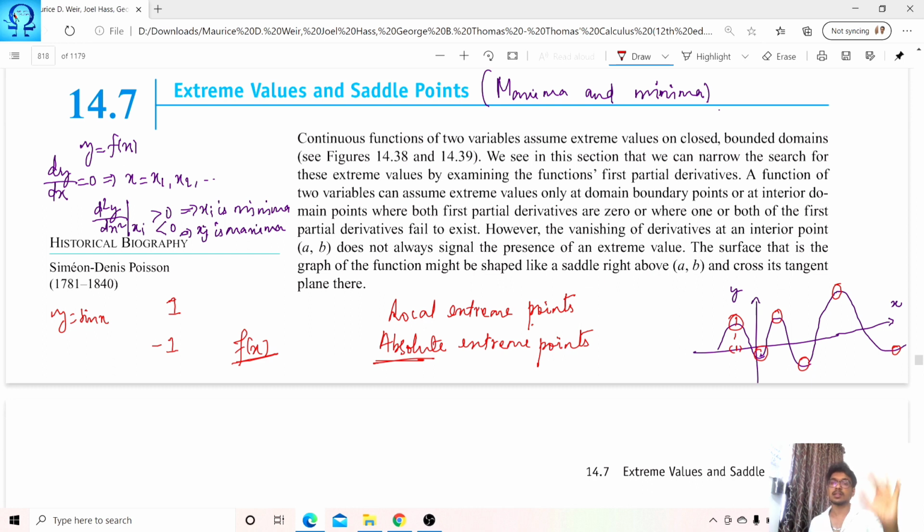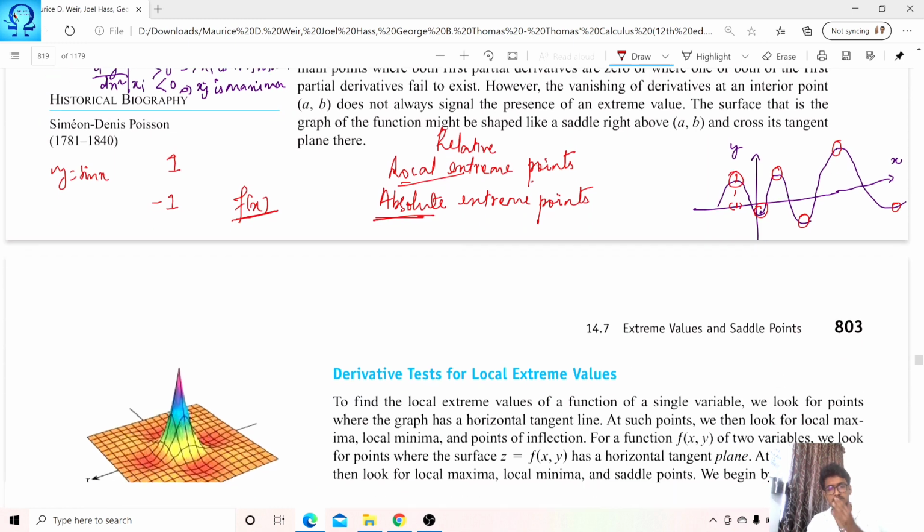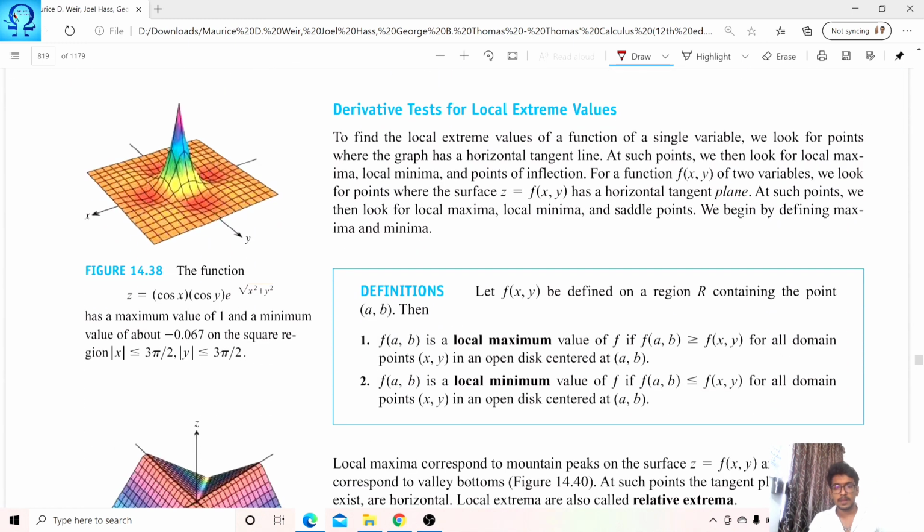In this case, we call that the local maximum. A similar ideology can be extended for the minimum case as well, as we have local extreme and absolute extreme, and local extreme is also called relative extreme points. The same ideologies can be extended for the two variable case as well.